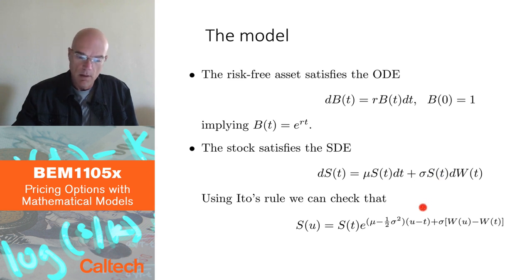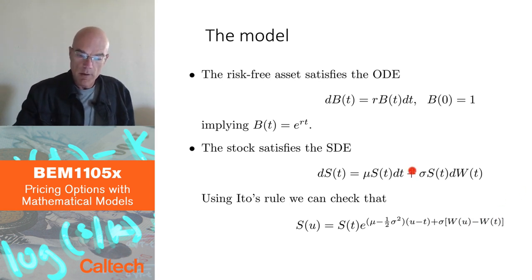In fact, the solution is here, and I gave it for any initial time t and any future time u. I didn't want to just specify here from 0 because sometimes we will need this expression. Okay, so the stock price at the future time, S_u, is the stock price at today's time times exponential of mu minus 1/2 sigma squared times u minus t plus sigma times W(u) minus W(t).